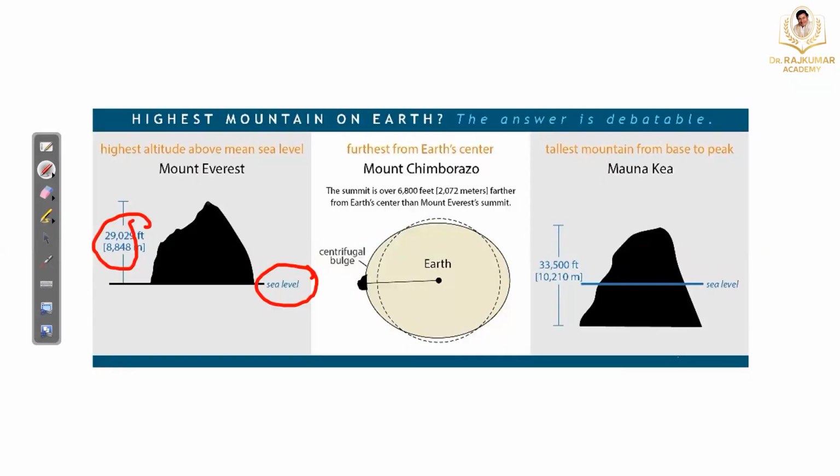Now comes the question: with 4,200 meters, how can you call it the tallest mountain? Clarity: when I talk about the highest mountain, this height is calculated from mean sea level. With this, Mount Everest stands at a height of 8848 meters. When I talk about the tallest mountain, the height is not calculated from mean sea level, it is calculated from the base of the mountain.